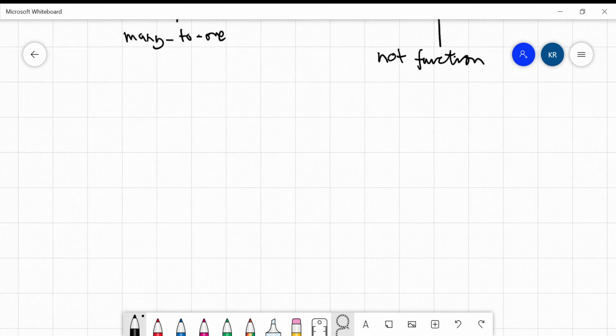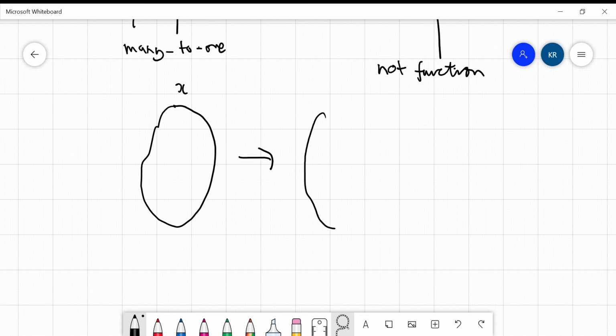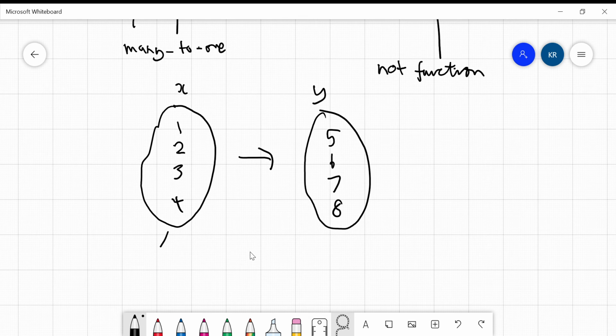Okay. So now let me introduce what the domain is. So the domain is essentially, suppose x, and this is y, 1 2 3 4 5 6 7 8, that is y. The domain is essentially what you input.